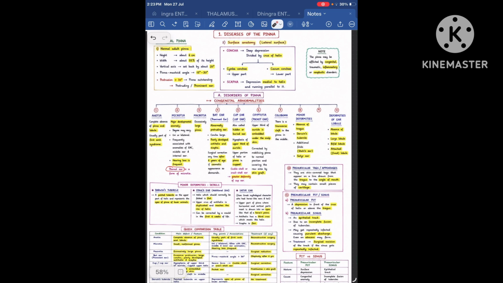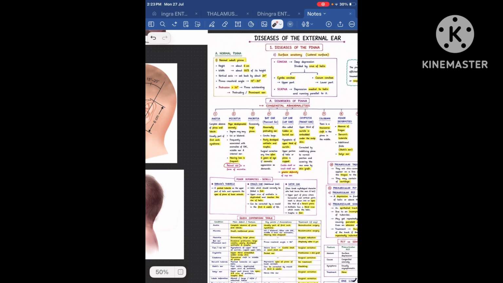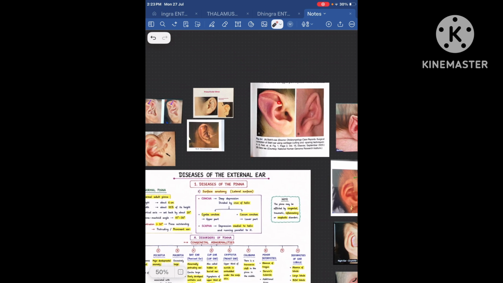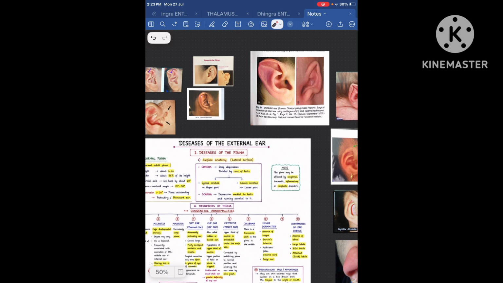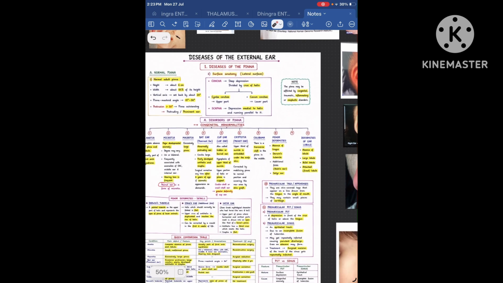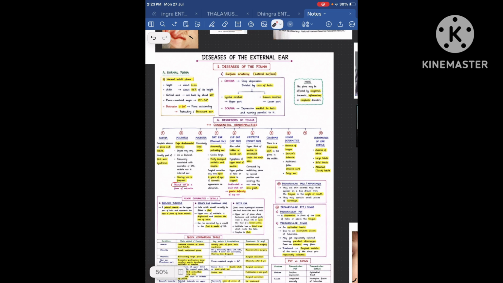Now, there are additional folds known as Stahl's ear and satyr's ear. See, Stahl's ear and satyr's ear are important. If you see this diagram, this is Stahl's ear. And this is satyr's ear, the pointed one. So, in satyr's ear, what is happening? The horizontal and the vertical helix form an apex. This is the satyr's ear. And Stahl's ear is what? The helix that should normally be folded is flat.